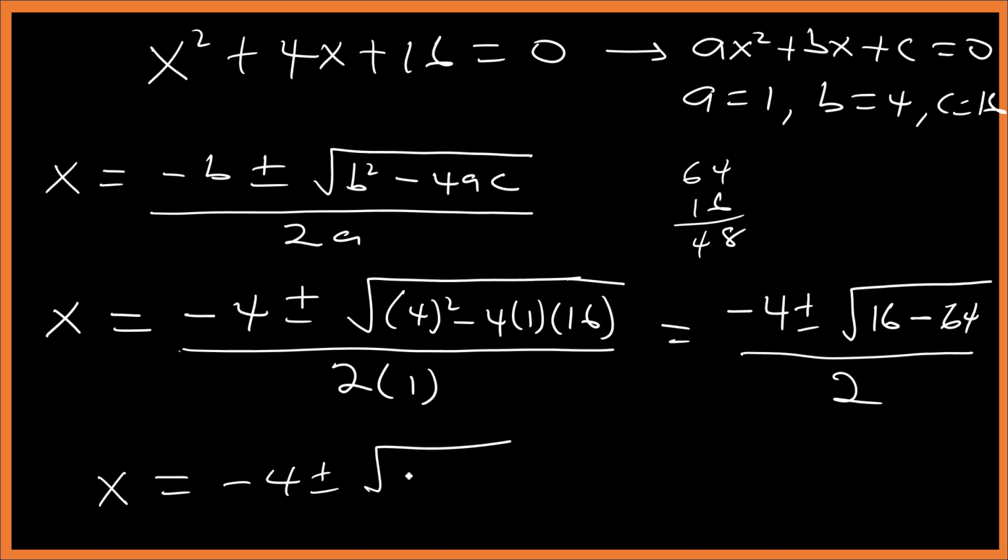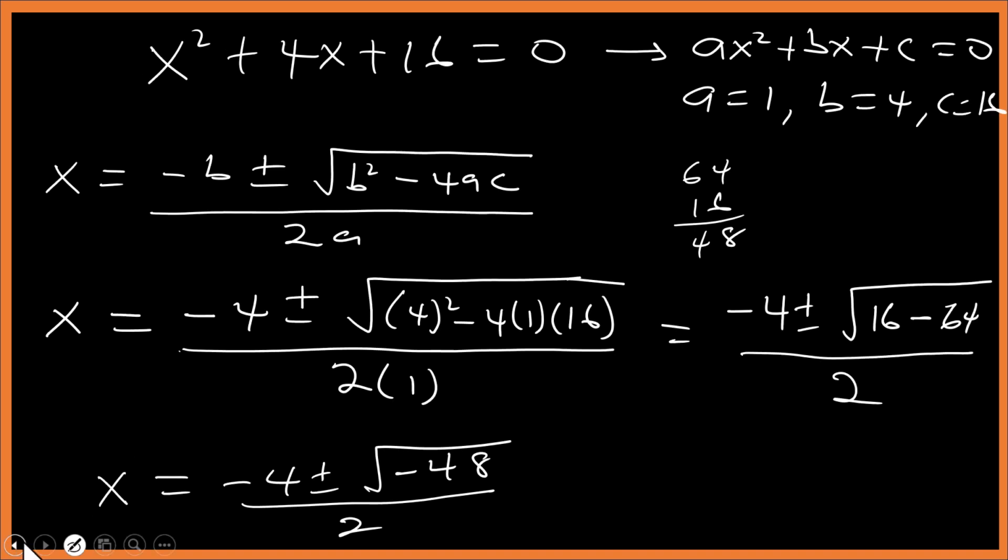So this side will be minus 48 on 2. So let's see if we can reduce them. x equals minus 4 plus or minus square root of negative 48.